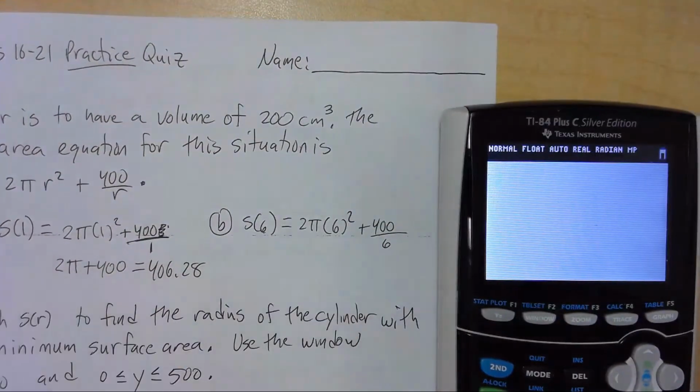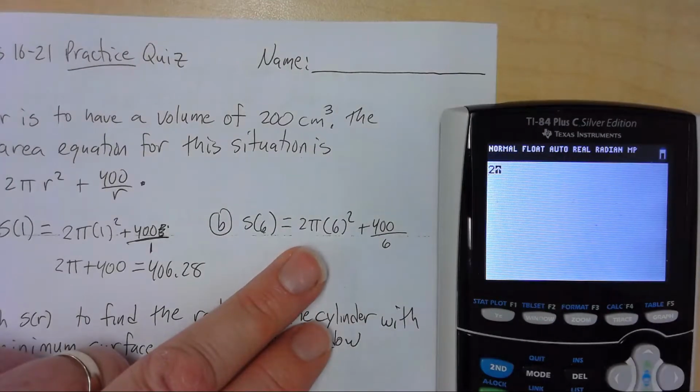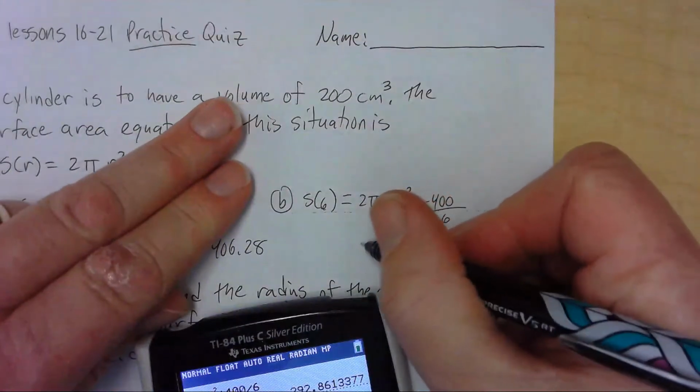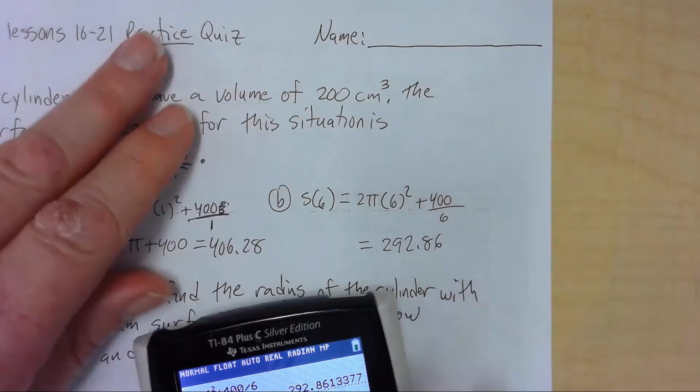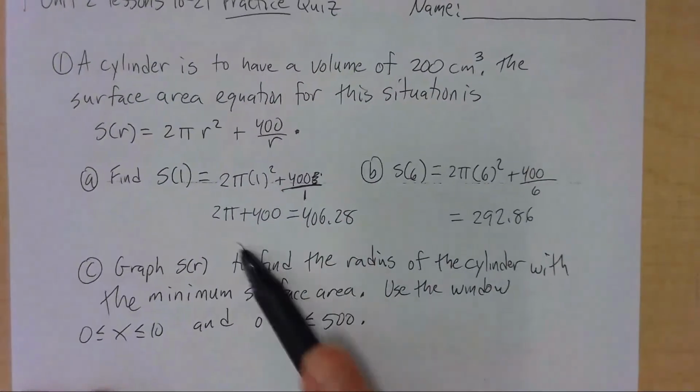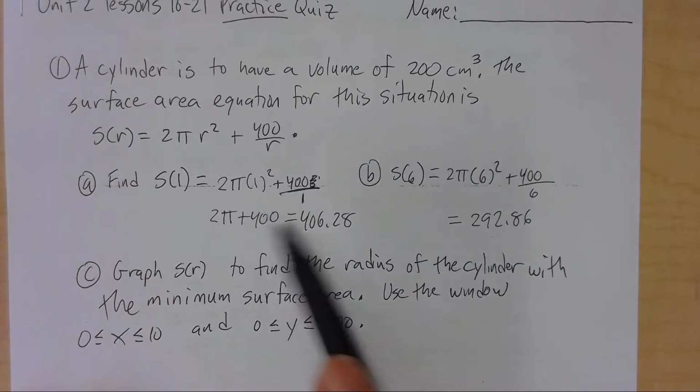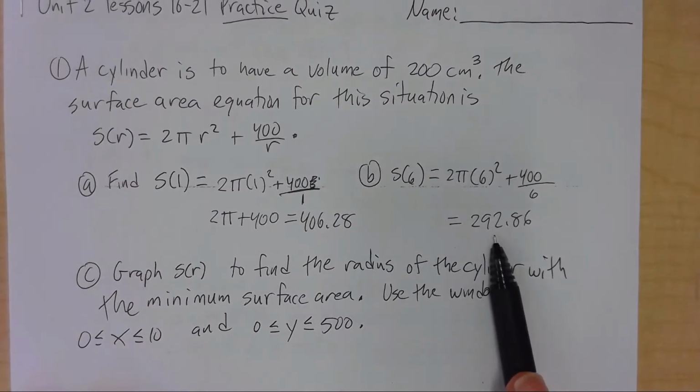It would be 2 second pi times 6 squared, and then plus 400 divided by 6. Answer: 292.86. So if the radius is 1, that's a surface area. If the radius is 6, that's a surface area.